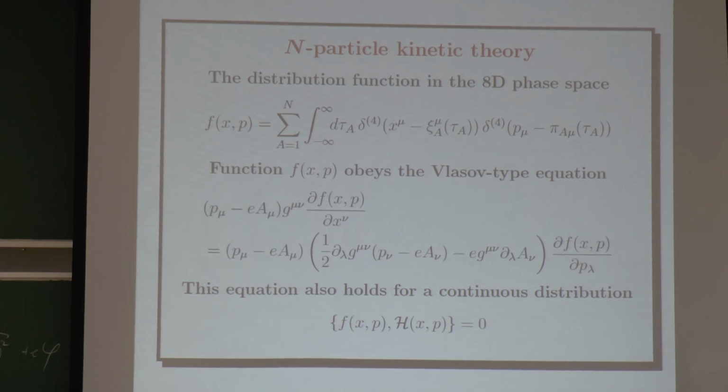It's a theory of many particles, which can be then described in terms of the density in the phase space. So if I have a discrete set of particles, n particles, I can write my density, which has now delta function like spikes, in 8-dimensional phase space.